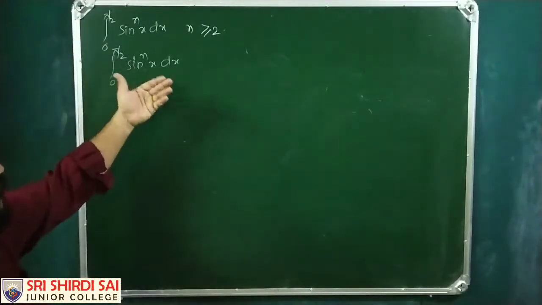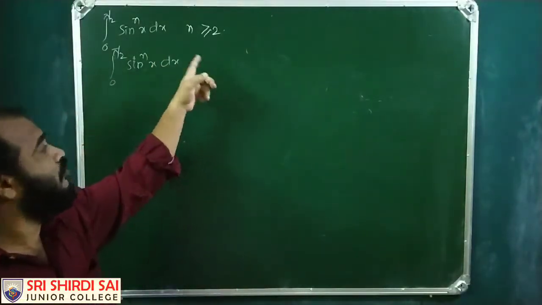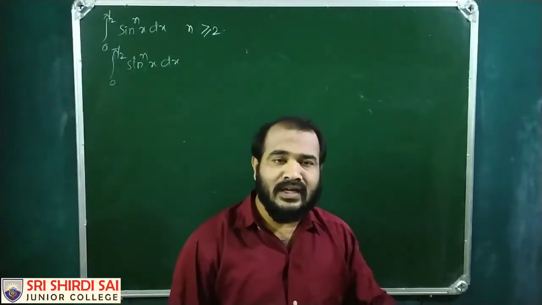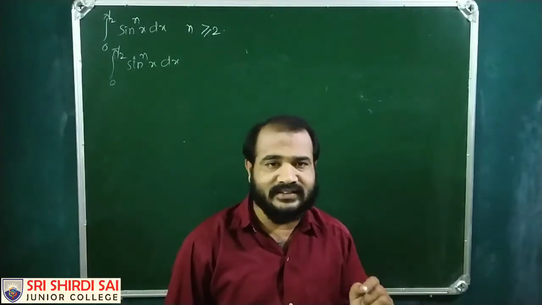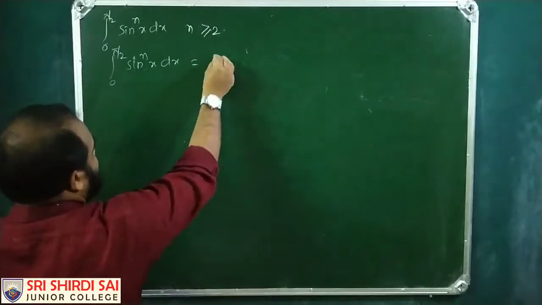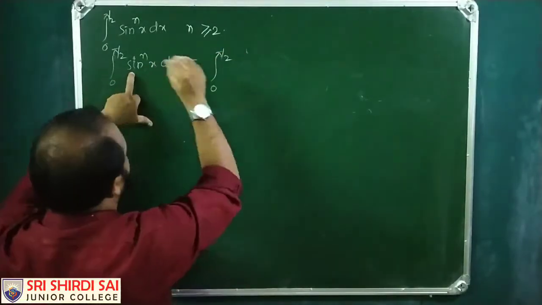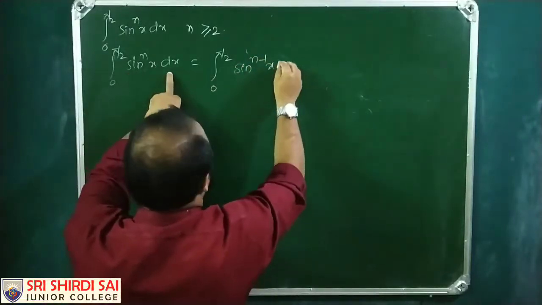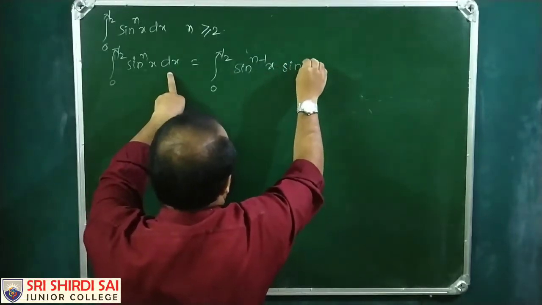From here onwards, we will be deriving the formulas for integral 0 to pi by 2 sine power nx dx, integral 0 to pi by 2 cos power nx dx, and integral 0 to pi by 2 sine power mx into cos power nx dx. So I'll take integral 0 to pi by 2. This sine power nx can be written as sine power n minus 1 x into sine x dx.